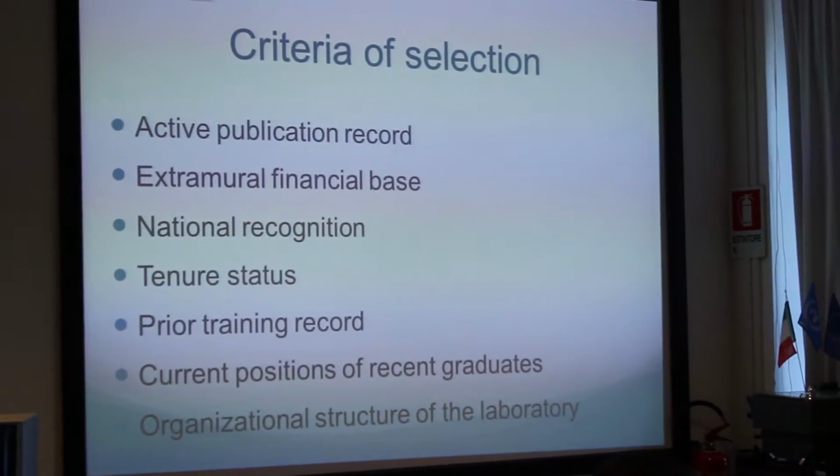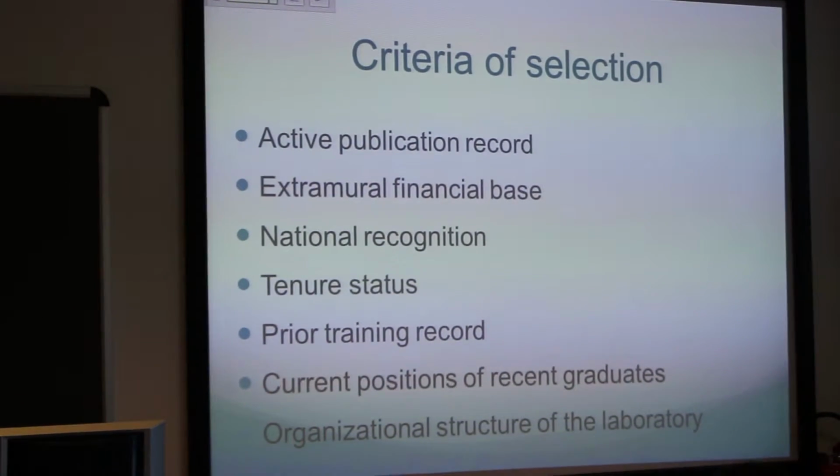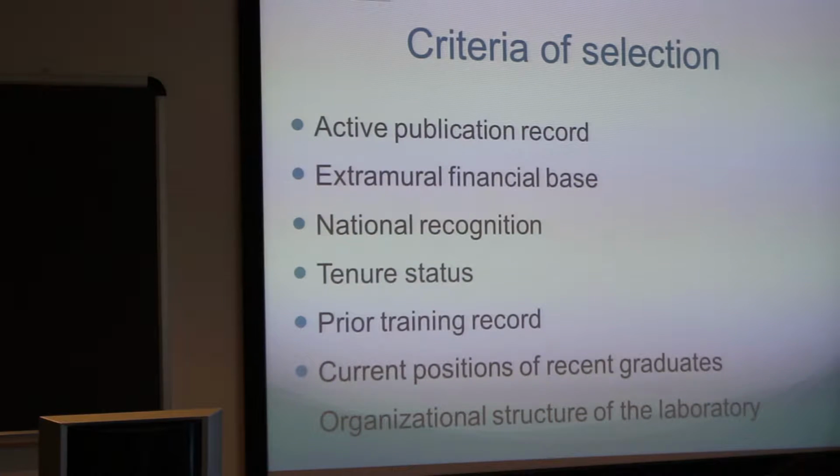First, the mentor should have an active publication record and, of course, a financial base to help him keep the research going, national recognition, and also we should consider the tenure status, prior training record of his students, the current positions of recent graduates, and finally the organizational structure of the laboratory. You can visit the laboratory of the supervisors working in your institute before selecting the mentor you will choose.